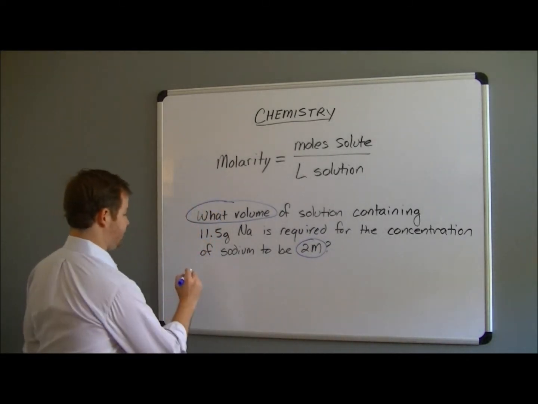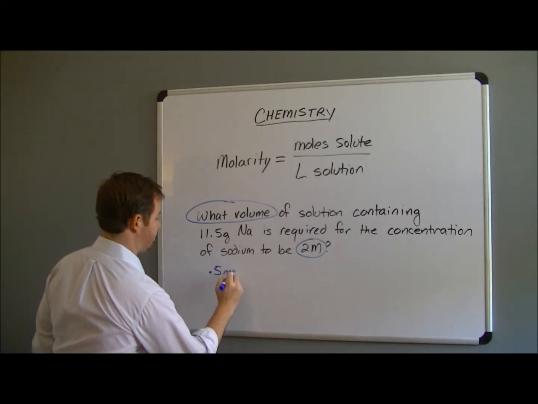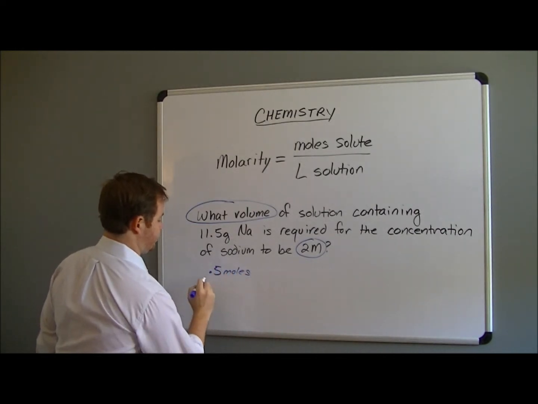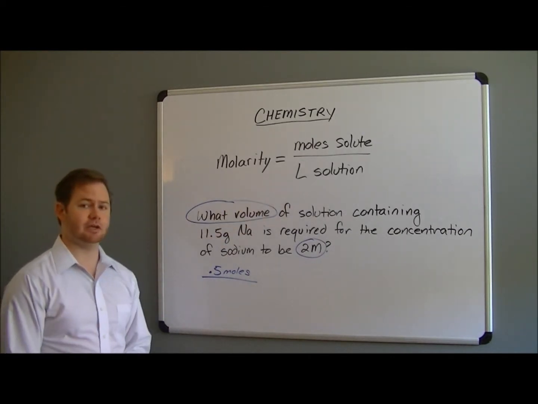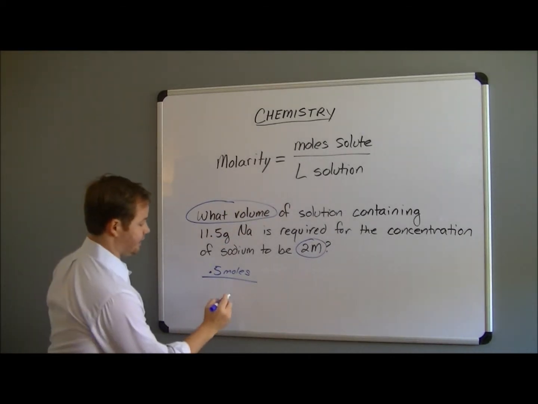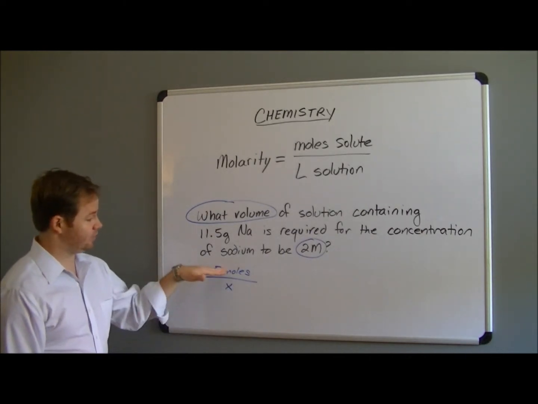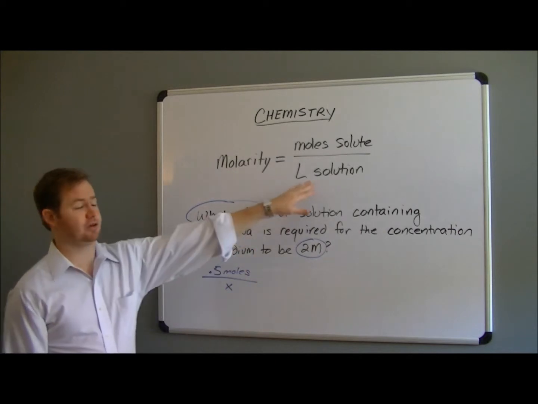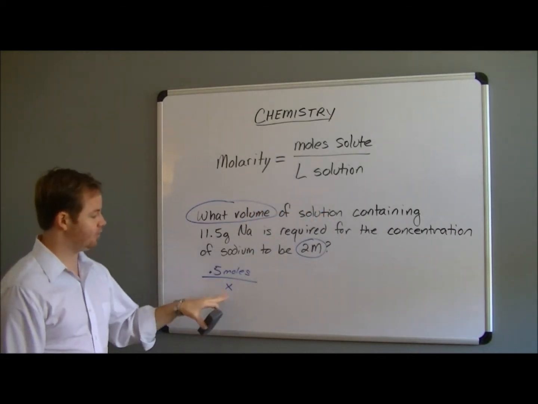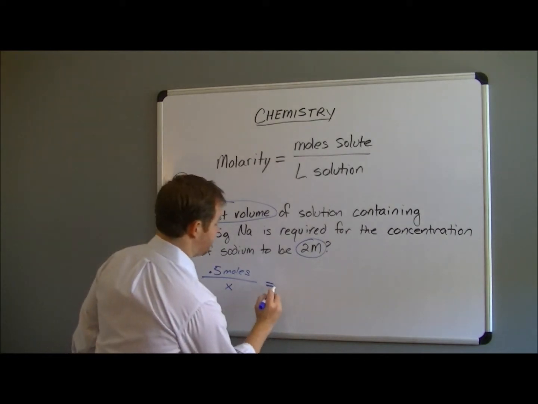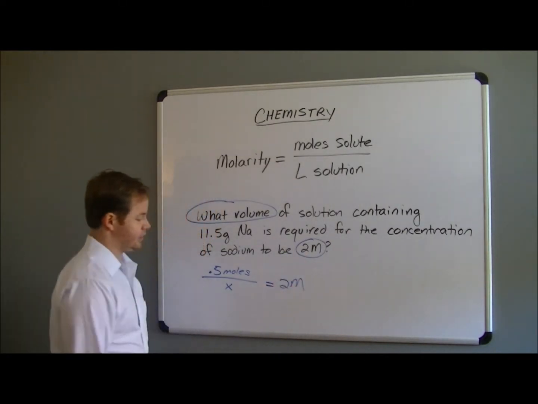So we know that we have 0.5 moles of sodium, and the volume is going to be our question mark here. Let's represent that with a variable. So we'll represent that with x for the time being. So we have 0.5 moles over x because we're trying to find out the liters of solution. We're not sure at the moment. So we have 0.5 moles over x equal to our molarity, which is a 2 molar concentration.